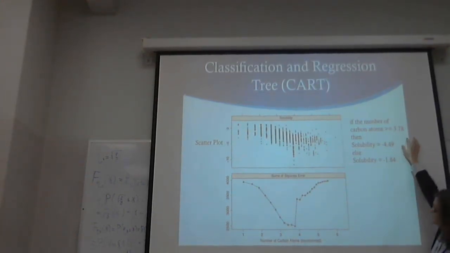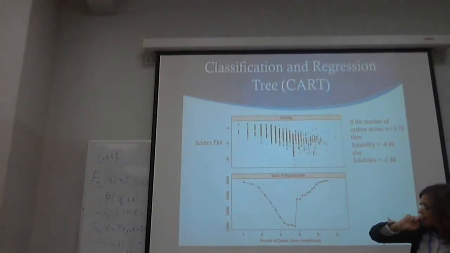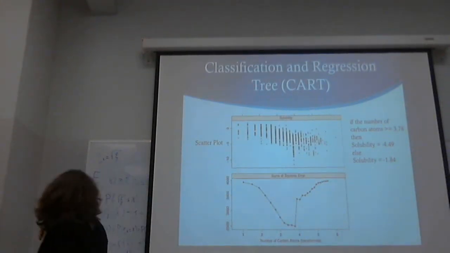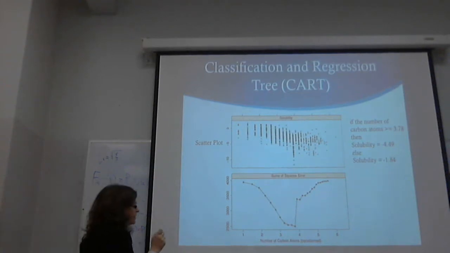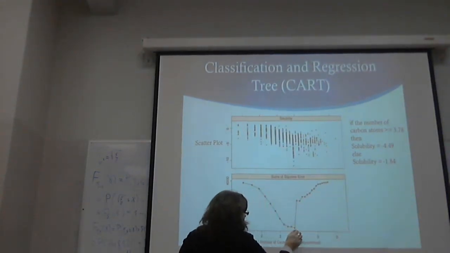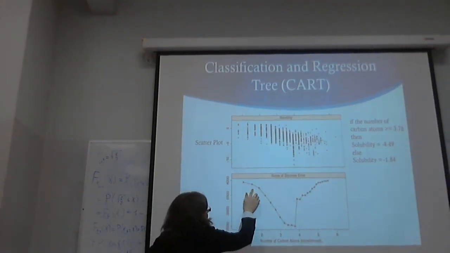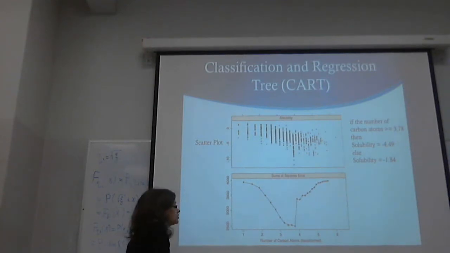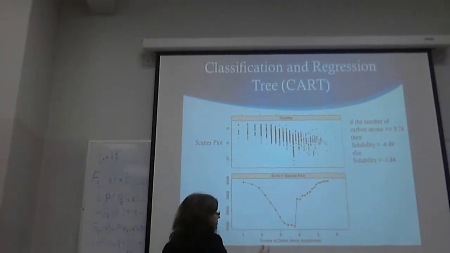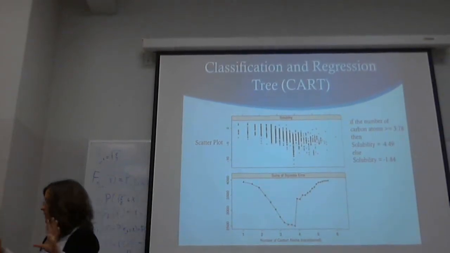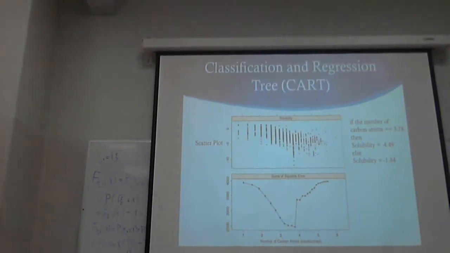You have a split by this value, and this is found exactly when you just scan through all possible numbers of carbon atoms, and then you see how the sum of the squared error changes, and then the algorithm can find the split where there is the minimum value.